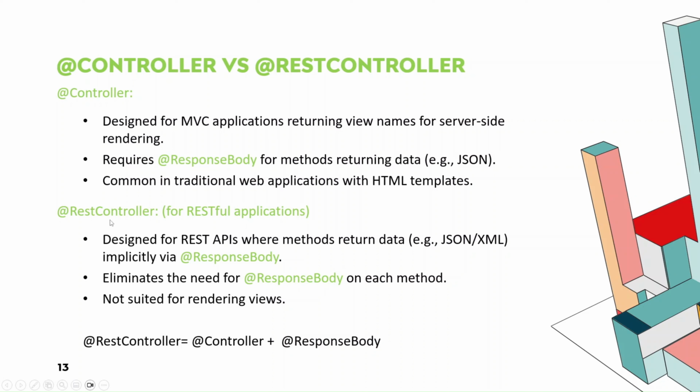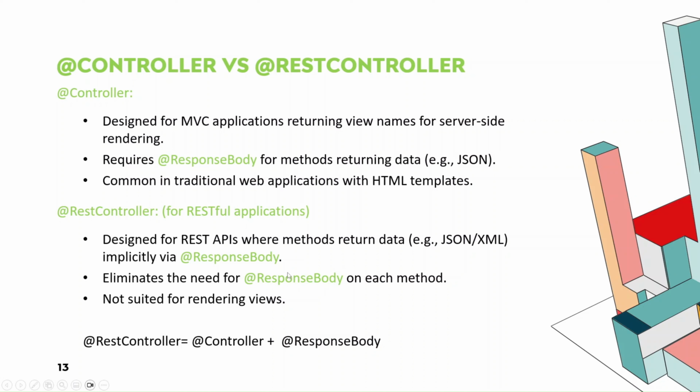Now talk about REST controller. Basically we use this annotation for RESTful applications where you get input over RESTful as XML, JSON, string, integers. You process it and send the response as JSON, string, XML, or integer, any other ways. But you are not going to send this response to HTML.